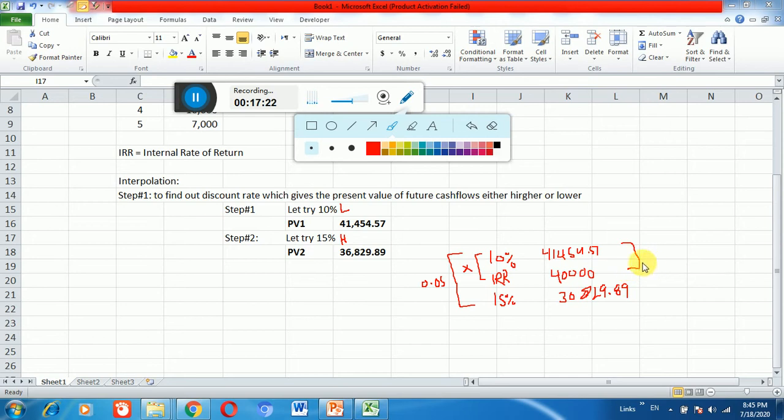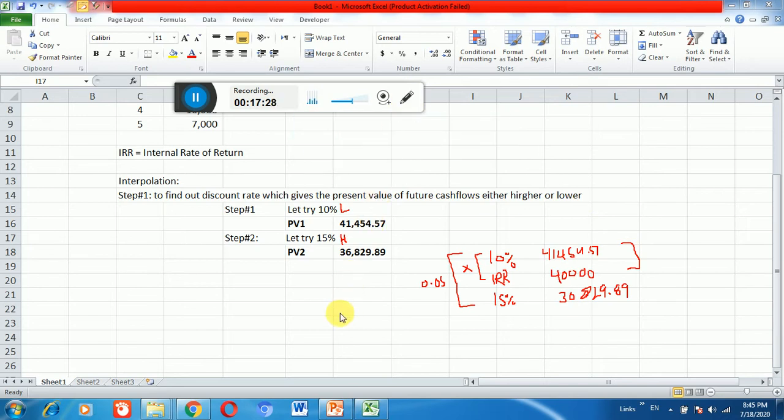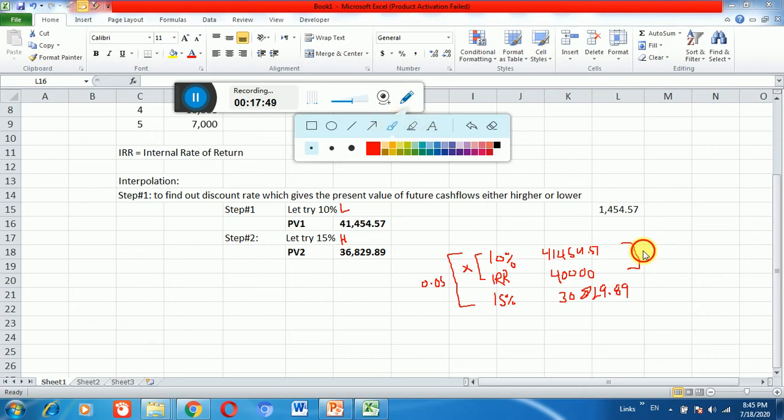The difference between this value and 40,000: from this value you have to subtract 40,000. So the difference is 1454.57.